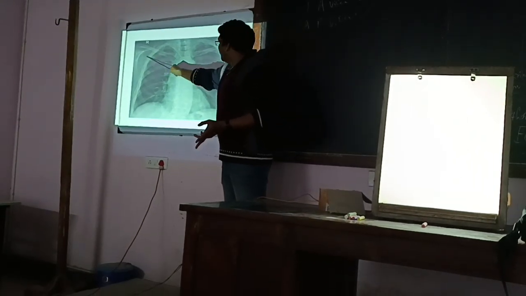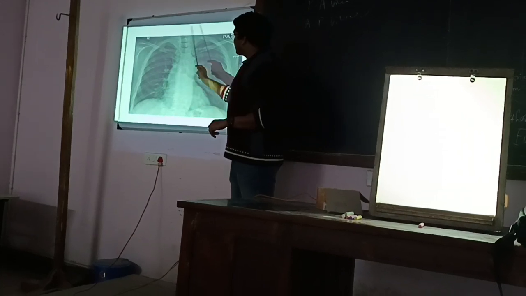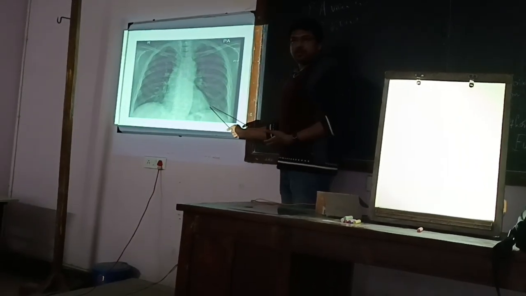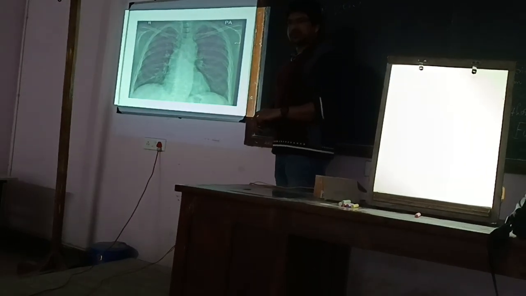Indirectly we can see the veins, but we can't see any veins over here. So it is a plain X-ray and belongs to the thorax region. It's not the abdomen, it's not the superior extremity or inferior extremity. It belongs to the thoracic region.